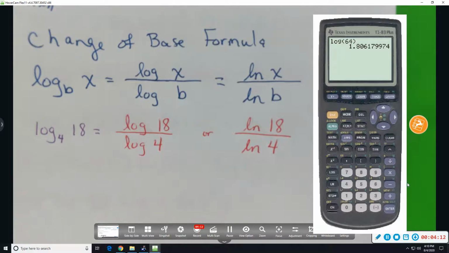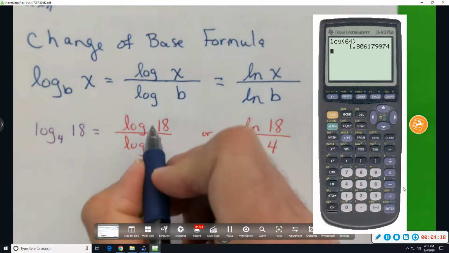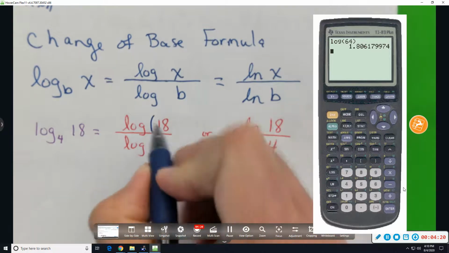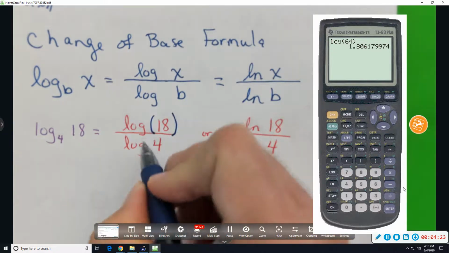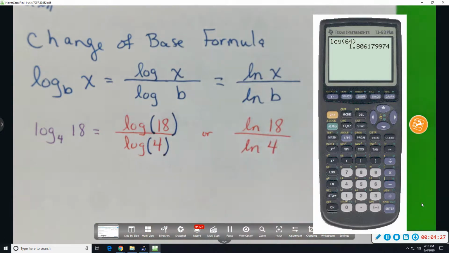Now, you've got to be careful with these. When you hit LOG and LN on your calculator, it probably opens parentheses. You've got to make sure you're closing them. As I mentioned a while ago, get into the habit of closing the parentheses.